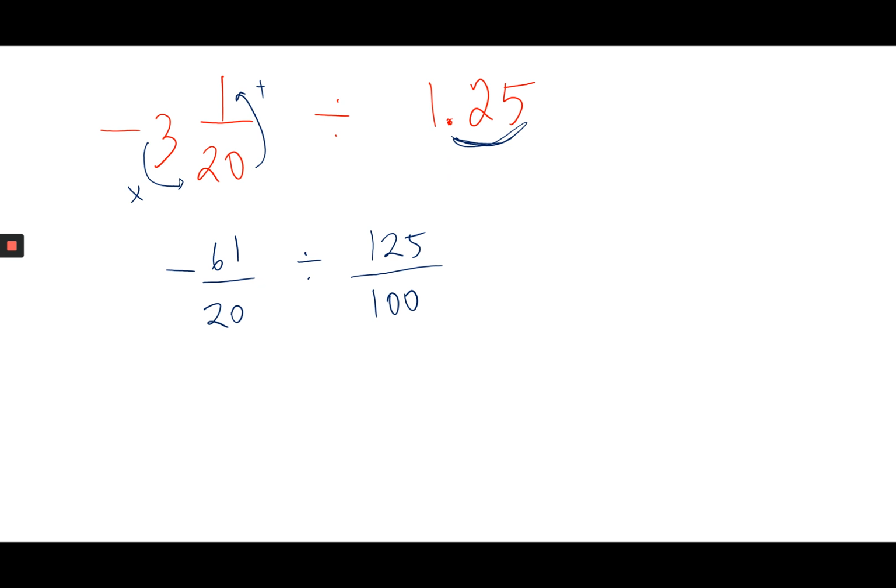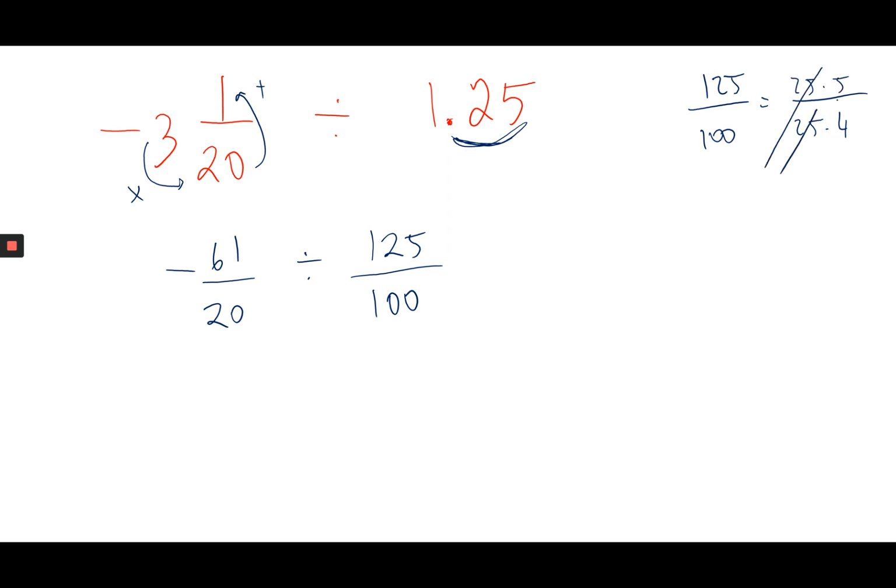125 over 100. We don't like playing with big numbers like this, and I know that 125 and 100 are both divisible by 25. I can simplify this fraction. 100 is 25 times 4. 125 is 25 times 5.